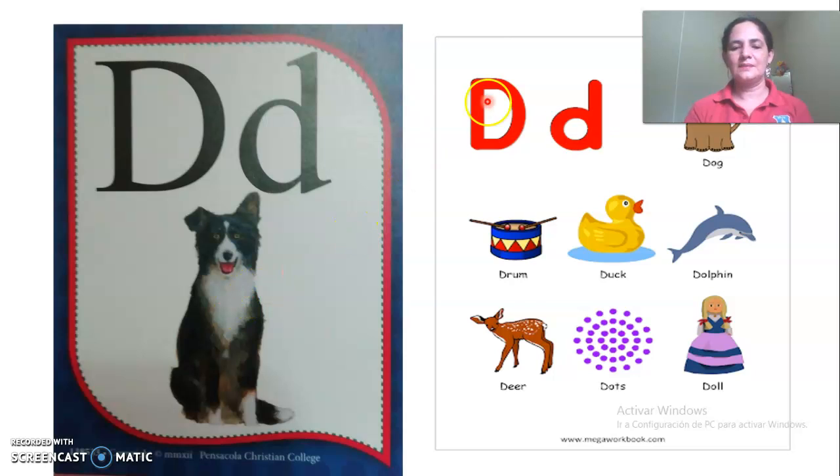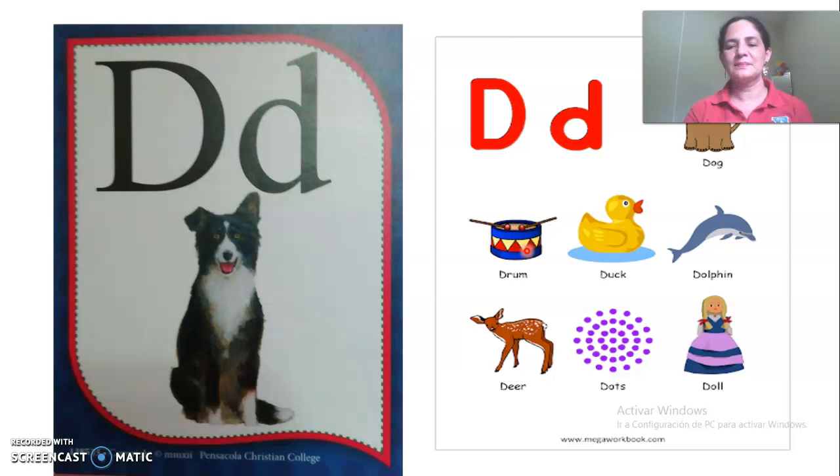Right, I have some pictures that begin with the letter D. I'm going to say the name of the picture and you have to repeat after me, okay? Yes? Okay. Listen. Dog. Repeat. Dog. Very good. Drum.